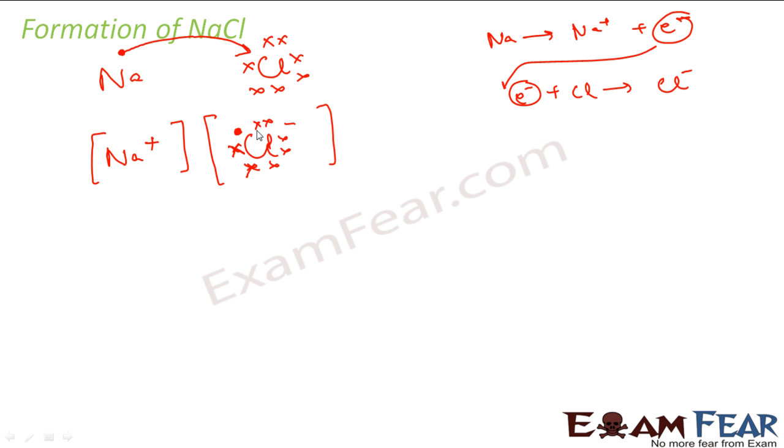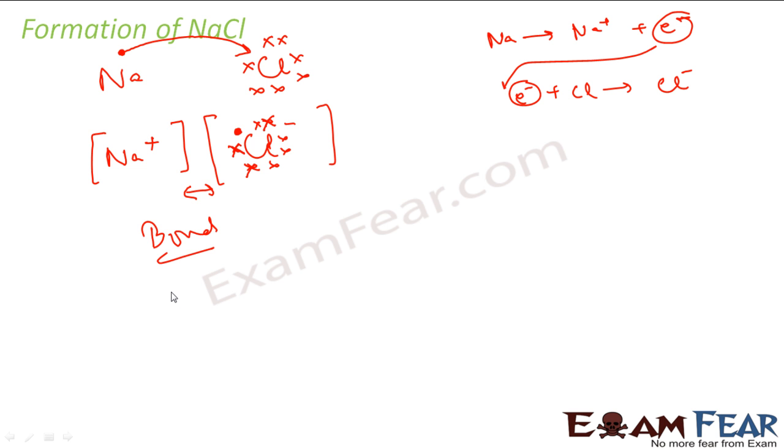So there are 8 electrons now here, 7 which chlorine had and 1 extra from sodium. And thus both are stable. But now this one got a positive charge, this one got a negative charge, and both attract. Positive attracts negative.